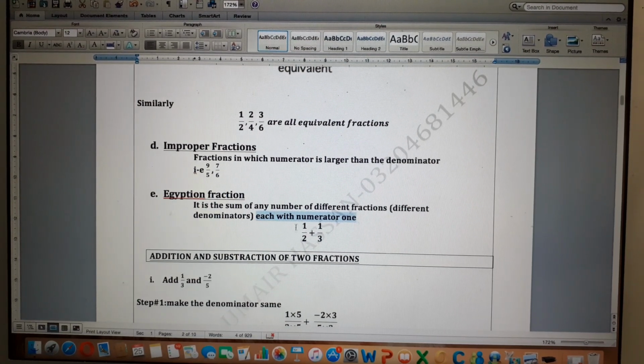If you observe these two fractions, in these two fractions the numerator is 1. So the sum of any number of different fractions with numerator 1 is basically an Egyptian fraction.